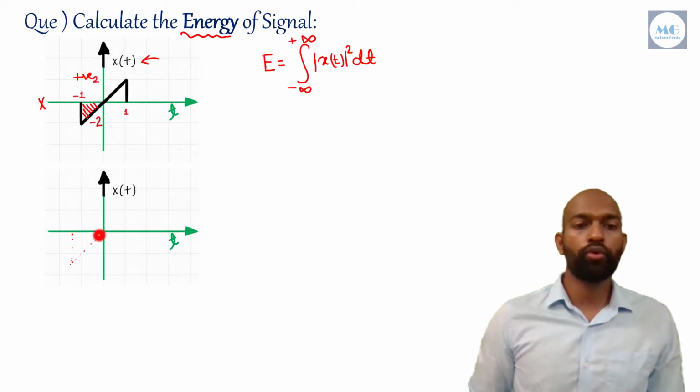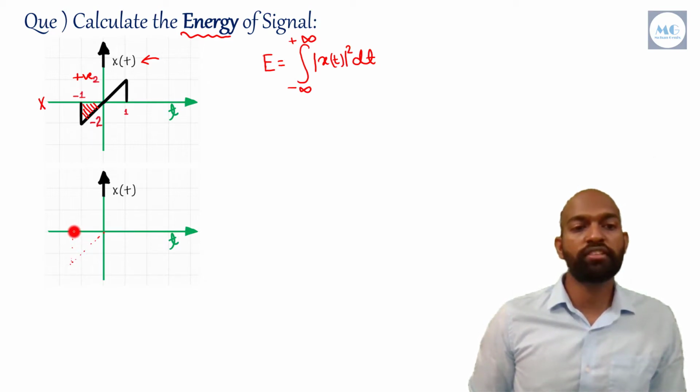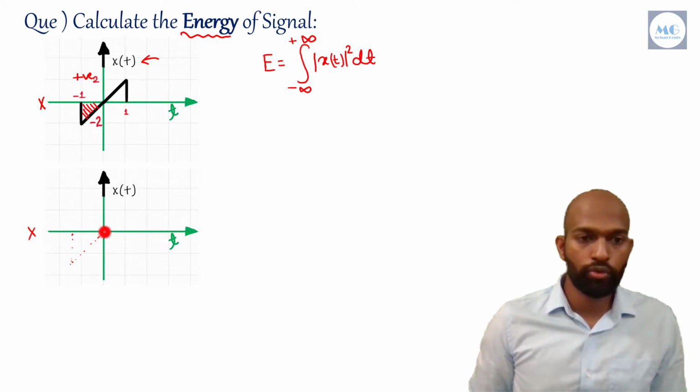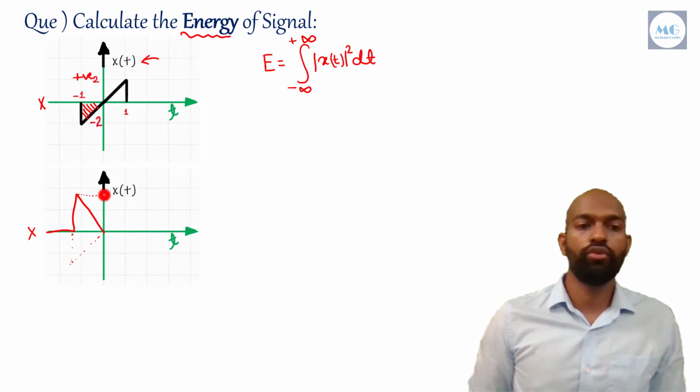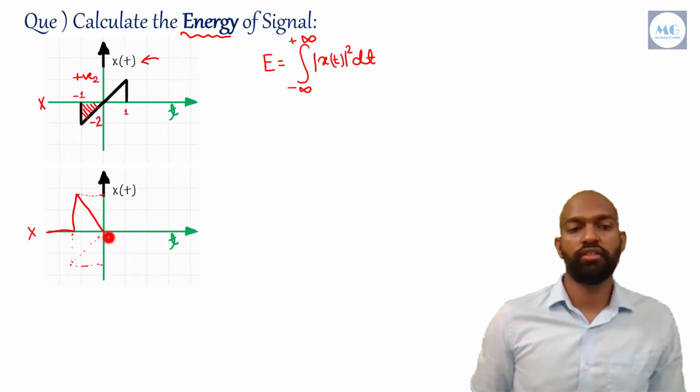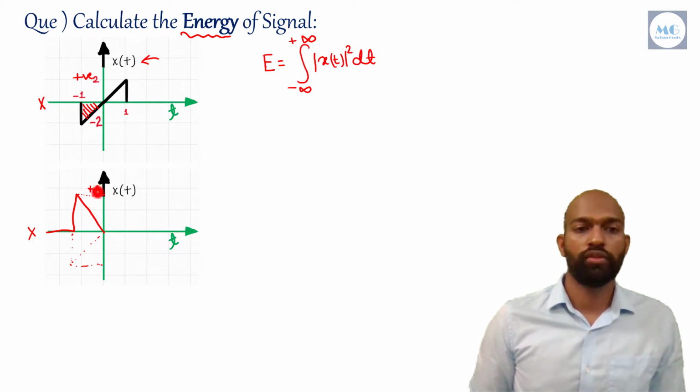So what we have to do is make a symmetrical signal across the positive y-axis, or across the x-axis. This is the x-axis. We simply draw like this. So what will be this value? This is the same as this, but as this is on the positive side, it will be plus 2.